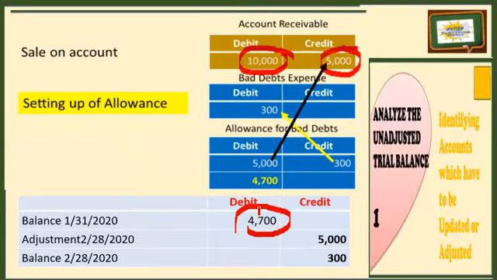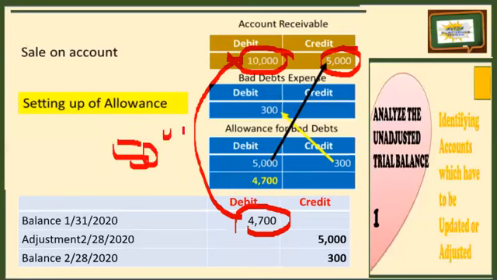So where are you going to base the rate of allowance? It will be based on the 10,000. So you can have a 50% rate. So if you have a 50% rate, then you have 5,000. So this 5,000 will cover 4,700 and will provide a balance of 300.